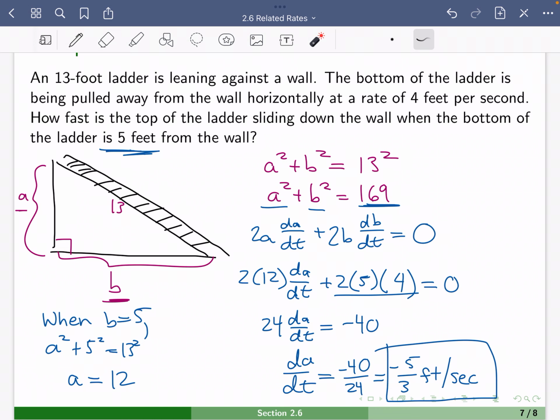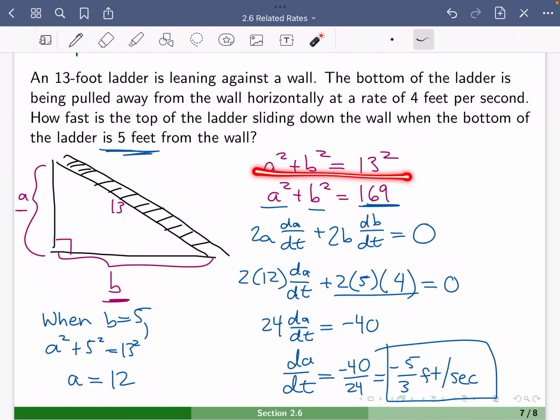Great. That is what I would consider one of the more standard kinds of examples in related rates. With that, again, don't get too caught up in the details of any one example. So let's think about the big ideas that are happening. We drew a picture.